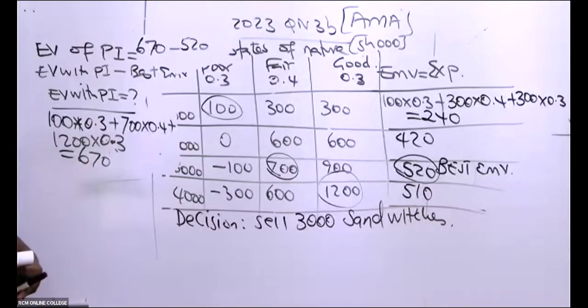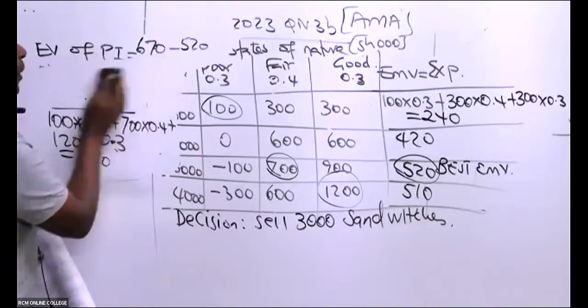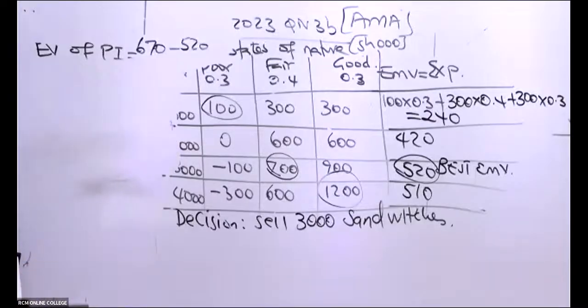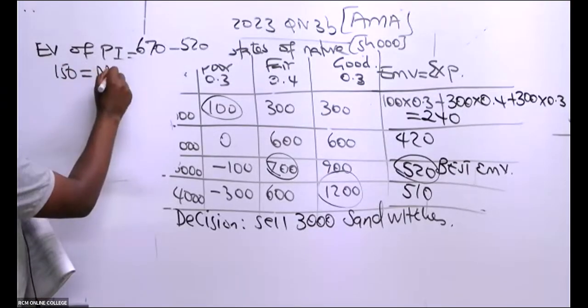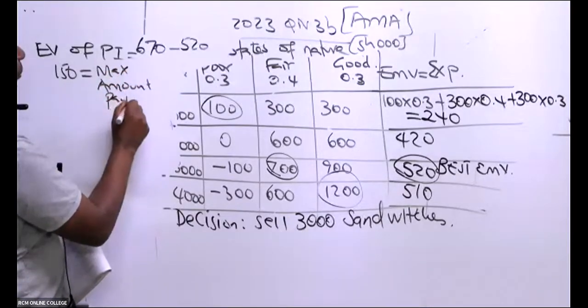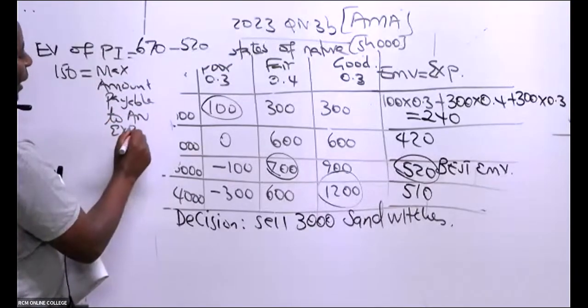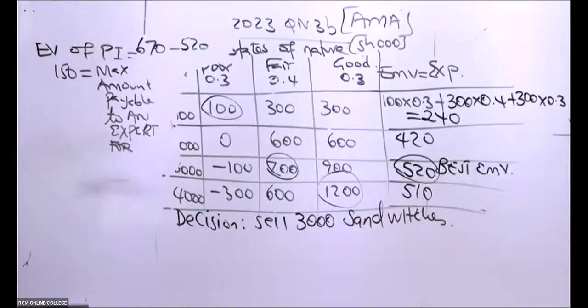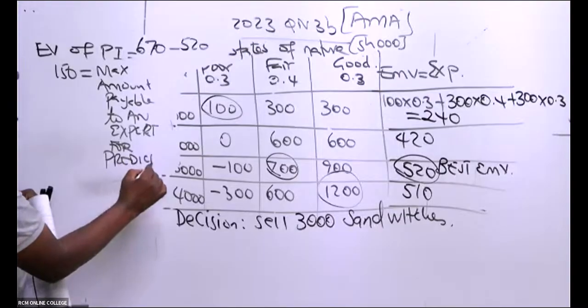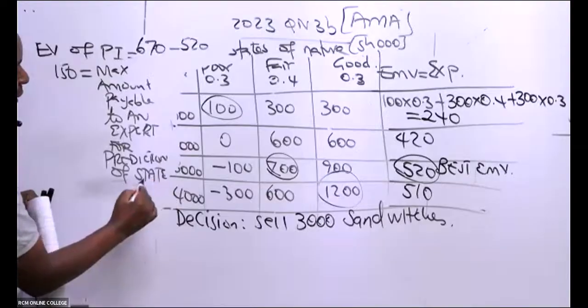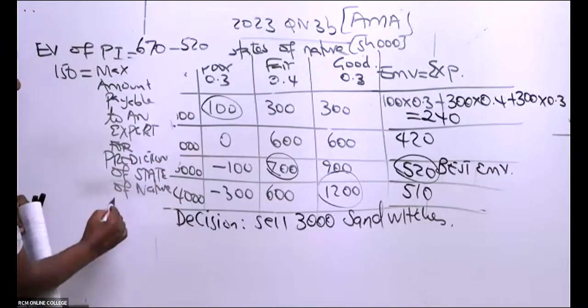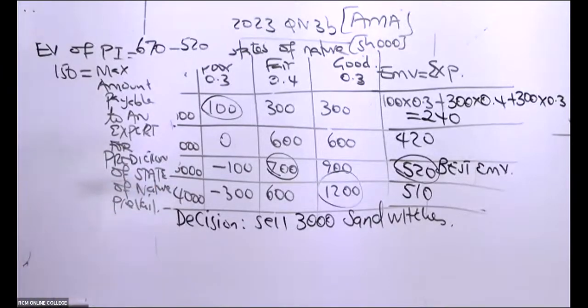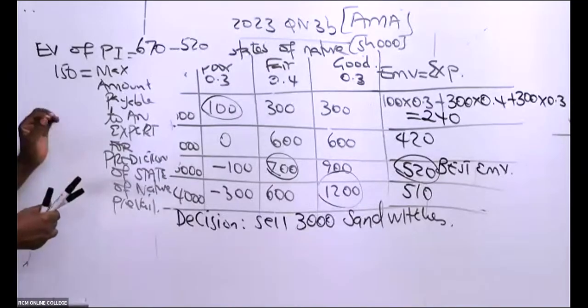Now for you to understand what this 150 stands for, you write that the 150 stands for the maximum amount payable to an expert for prediction of the state of nature that will prevail.